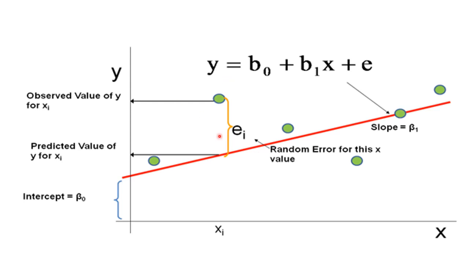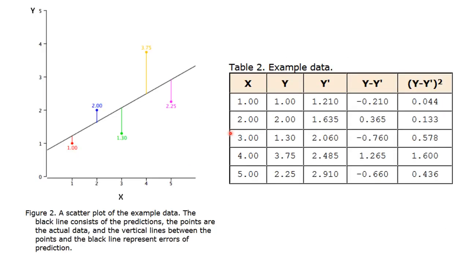In some cases the residuals are larger. We essentially find the difference between predicted y and observed y, right? We find that difference, square them, and the line that is selected is the line that minimizes the sum of squares there. So this is a least squares criteria, so we want to minimize that residual error.